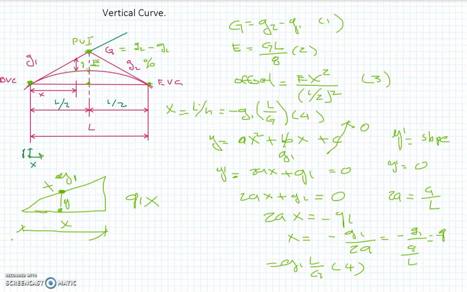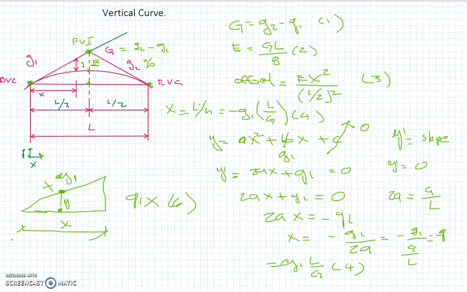So I'm going to call this my sixth equation, the elevation, but I'm going to explain all of this with a short example for better understanding. I will explain how to use all of this. For now, I was just showing you the equations that you will need: G is G2 minus G1, E is equal to GL divided by 8.